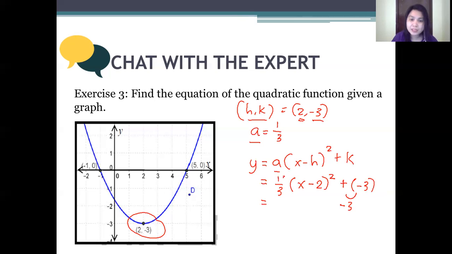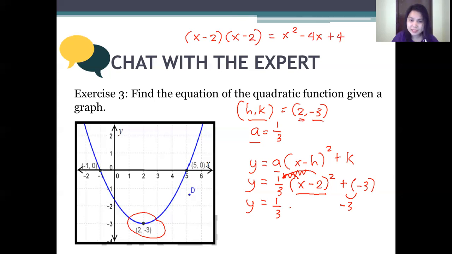Then we will distribute 1/3. Oops, not yet. Before distributing, we'll expand this binomial first. x minus 2 squared is the same as x minus 2 times x minus 2. This is x squared minus 4x plus 4.